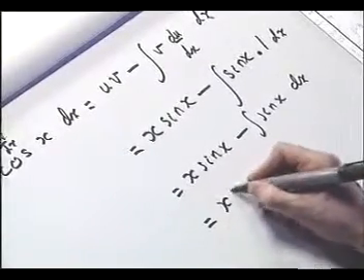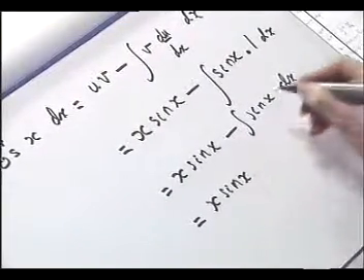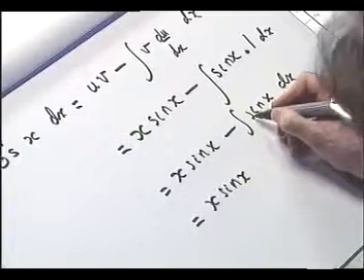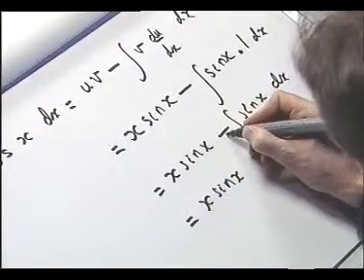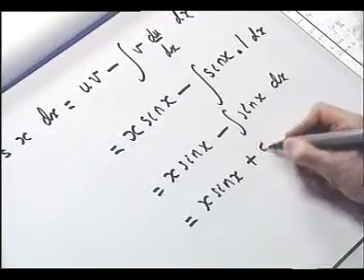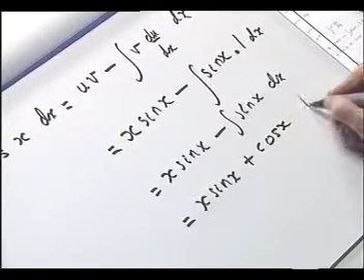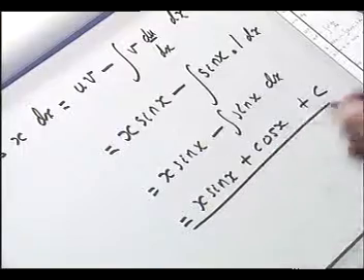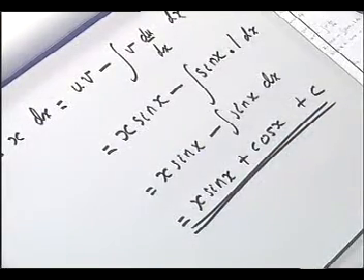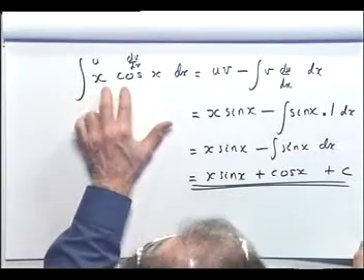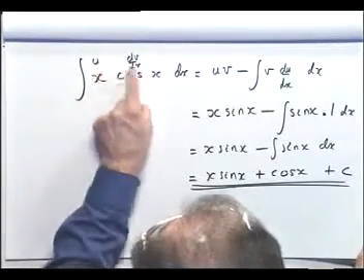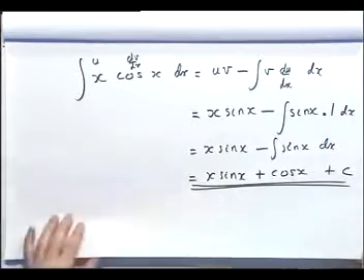And this bit stays the same. And the integral of sine is minus cos, which with that minus sign there gives us plus cos x plus c. And so we've achieved what we wanted to achieve. We've integrated this product. But notice how important this choice is.